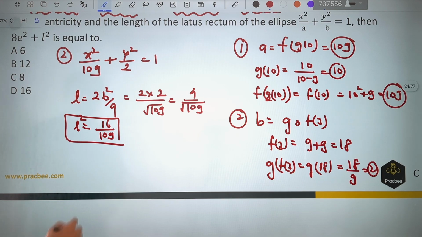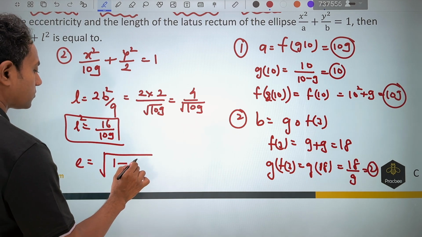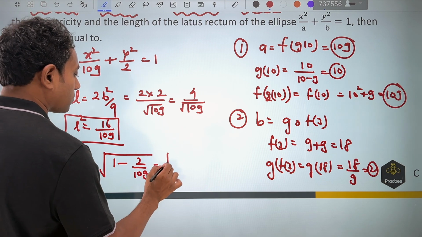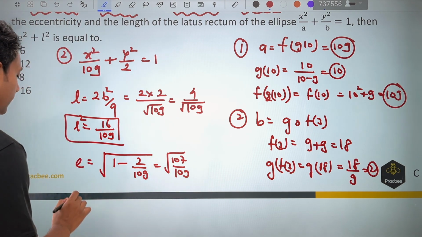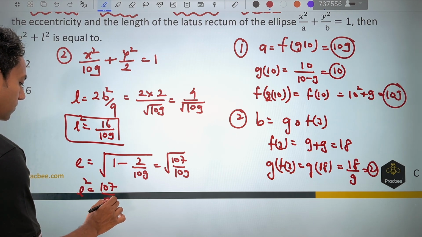Then if I find the value of eccentricity, it will be root of 1 minus b square by a square. So this will become 2 by 109. So root of 107 by 109. So if I want to find the value of e square, it will be 107 by 109.